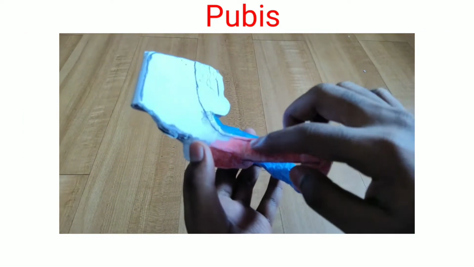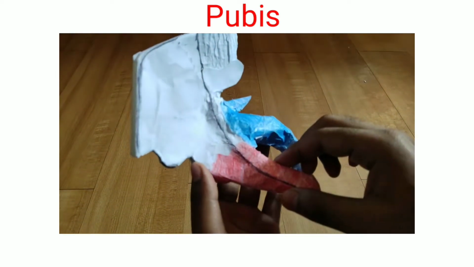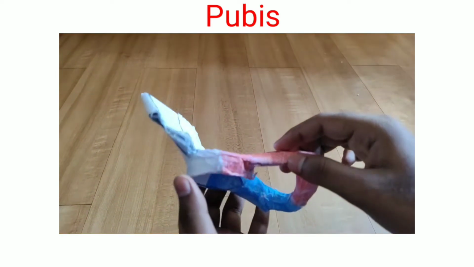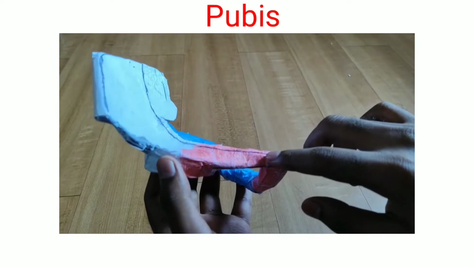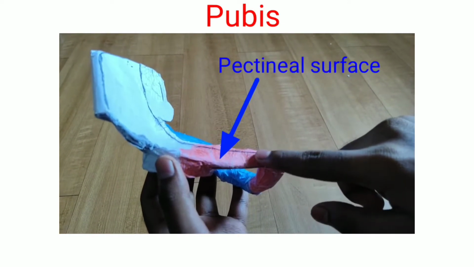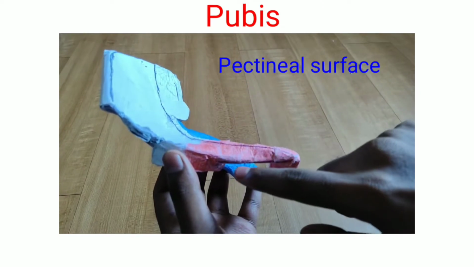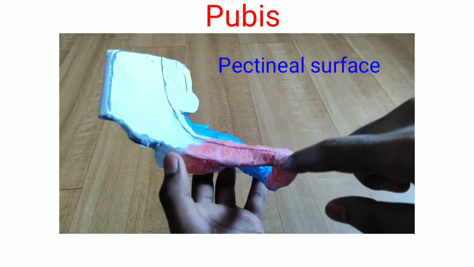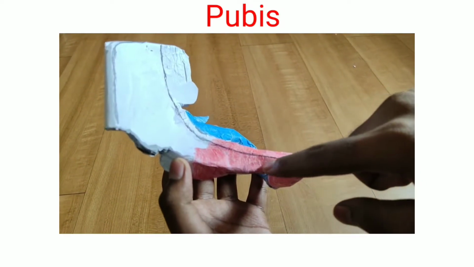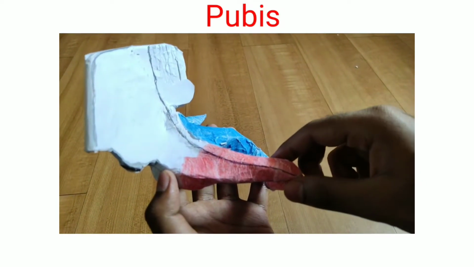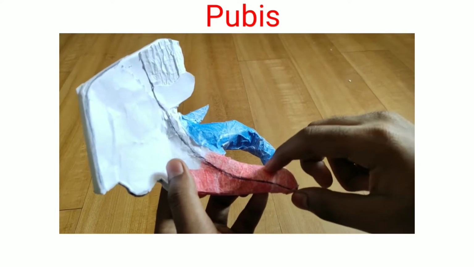Now, these three borders of the superior ramus separate three surfaces in the superior ramus. The first surface is the pectineal surface. The pectineal surface lies between the anterior border and the superior border. This surface is triangular in shape, and the second surface is the pelvic surface.